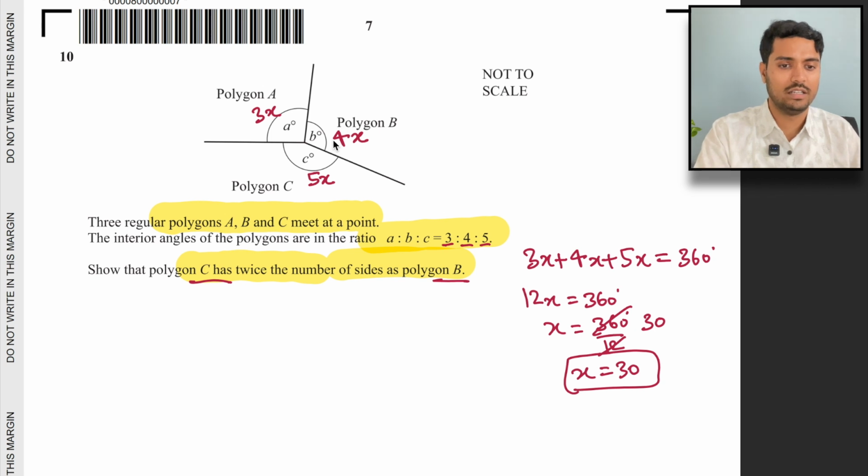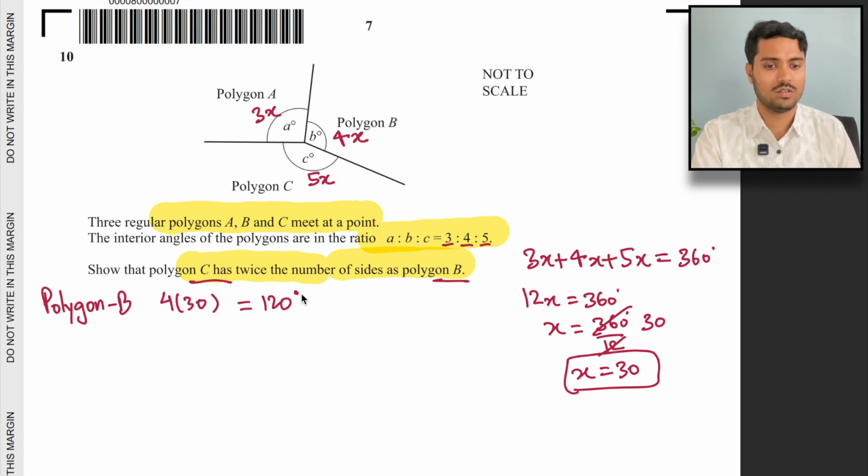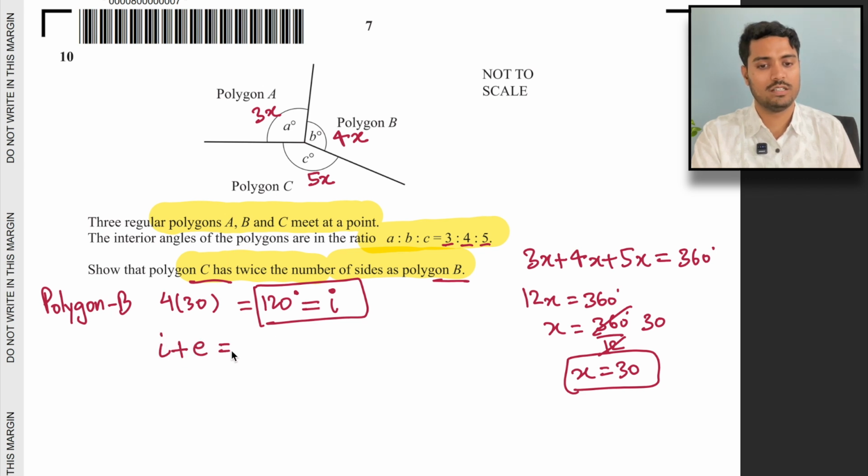Now let's find the interior angle for B and C. So for polygon B, the interior angle is going to be 4 multiplied by 30, which is 120 degrees. So exterior angle, there's a formula: interior plus exterior is equal to 180 degrees.